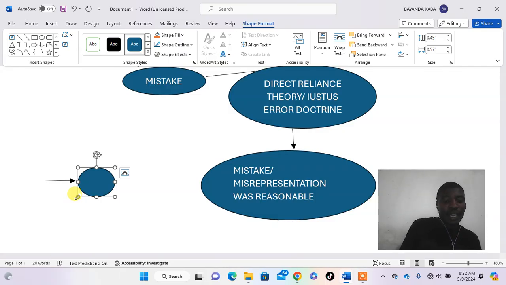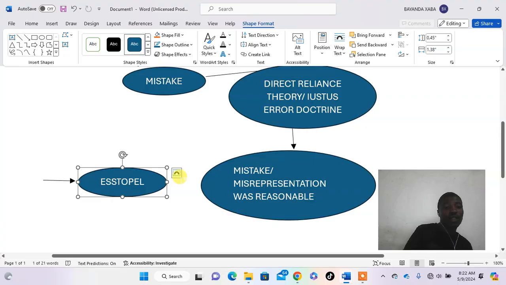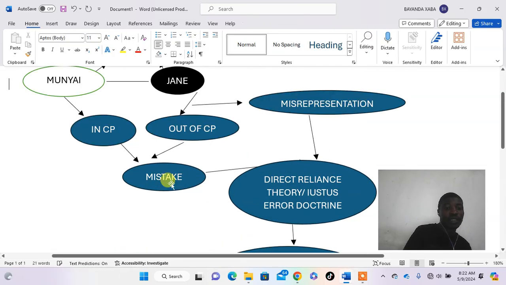I was saying that when you go to do unjustified enrichment, PVL3704, you will learn about what we call an estoppel.